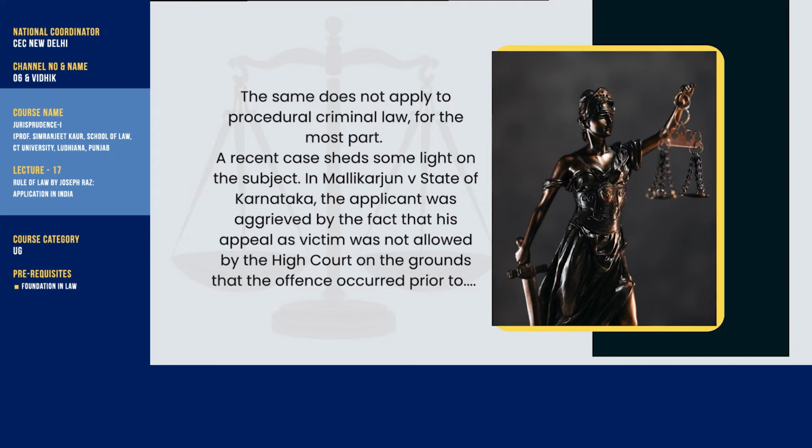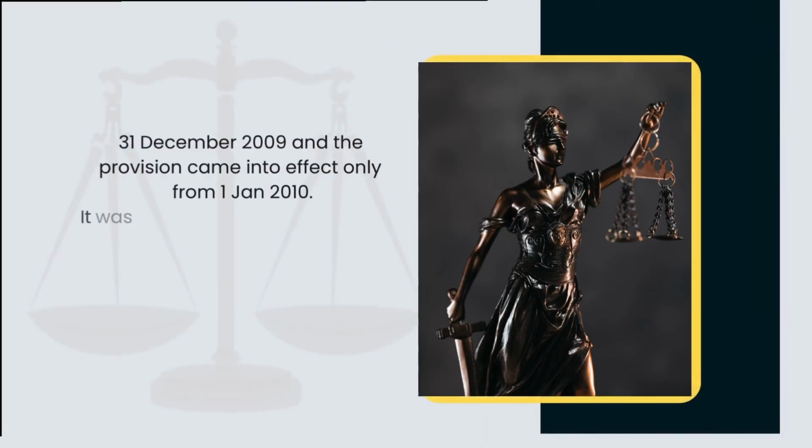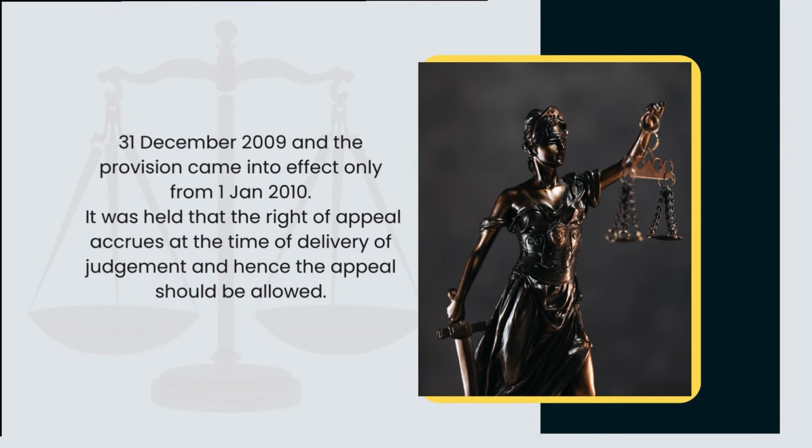For the most part, a recent case sheds some light on the subject. In Mallikarjun v. State of Karnataka, the applicant was aggrieved by the fact that his appeal as a victim was not allowed by the High Court on the ground that the offence occurred prior to 31st December 2009, and the provision came into effect only from the 1st January 2010.